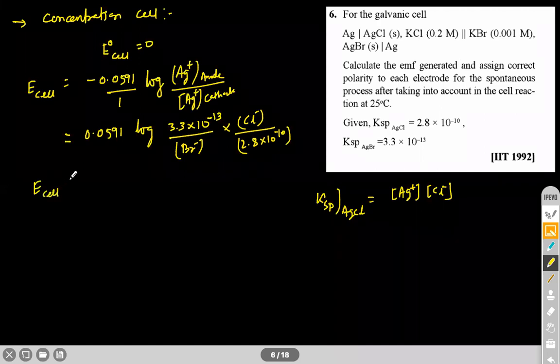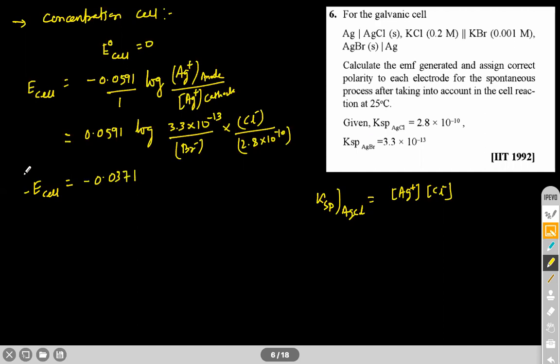And E cell, when you solve this, you'll get minus 0.0371. Negative value we get here, right?